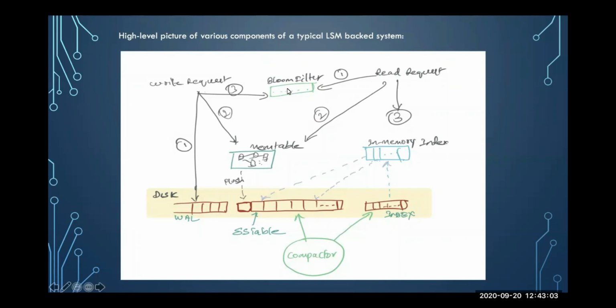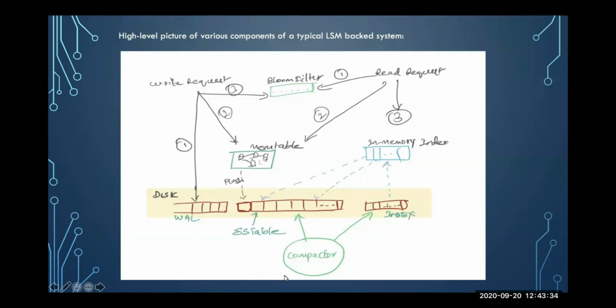The Bloom filter will tell us probabilistically if the key is present or not. Say the Bloom filter says that the key is present in an SS table. We go over the SS table using the index that we have and check if the key is present. If it's not present, we'll move on to the next SS table and the process continues. But if the key is present in the SS table, we'll send it back to the user.